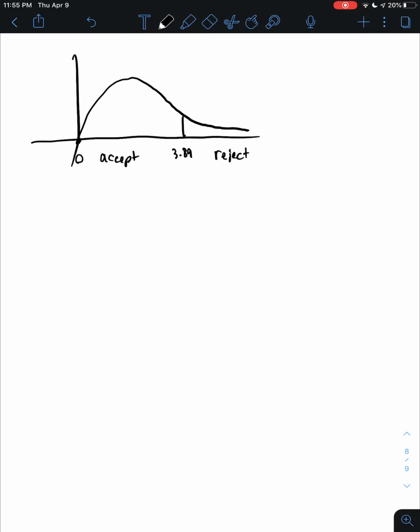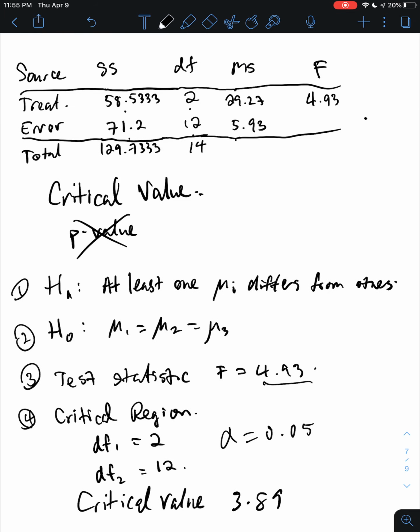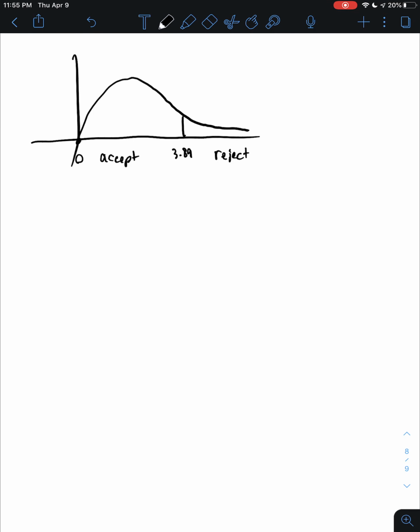Where is our test statistic? It was 4.93. It is in the rejection region. So, conclusion, reject. Okay, so finally we'll write the conclusion in normal language at the 95% confidence level.